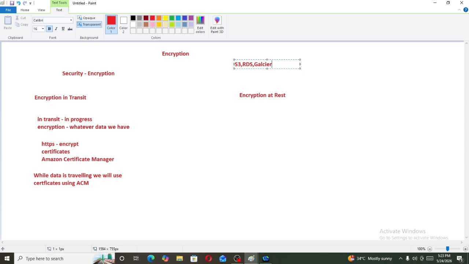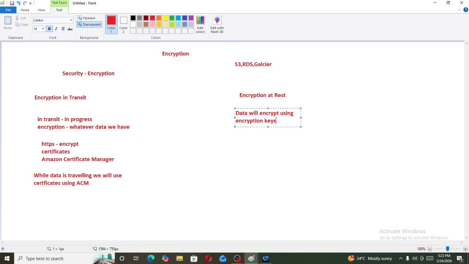This data will be encrypted using encryption keys.